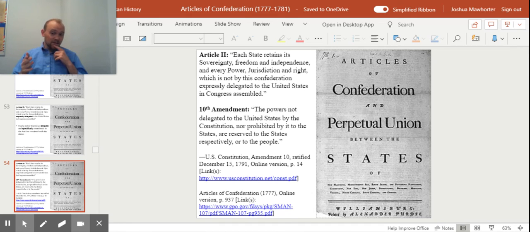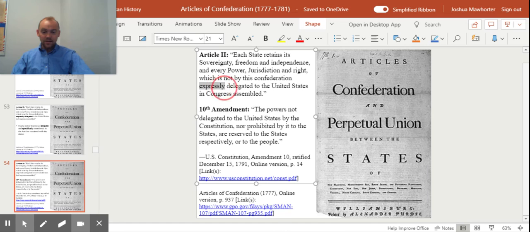How will John Marshall make this argument, with the 10th Amendment being there, the powers retained to the states or the people if they're not listed in the Constitution? How does he work forward Hamilton's idea of the implied powers doctrine? Well, he goes back and looks at the Articles of Confederation, and he says, the Articles of Confederation said expressly delegated.